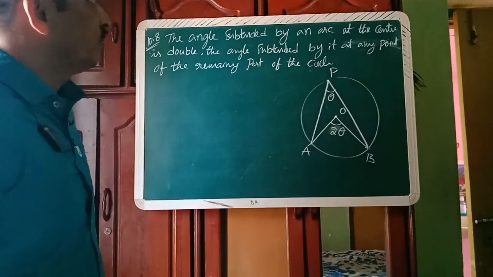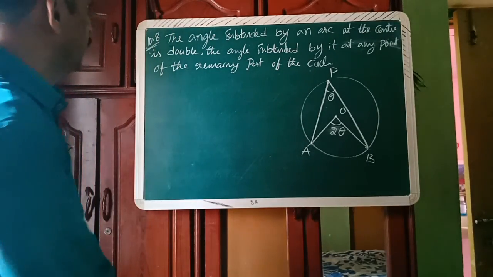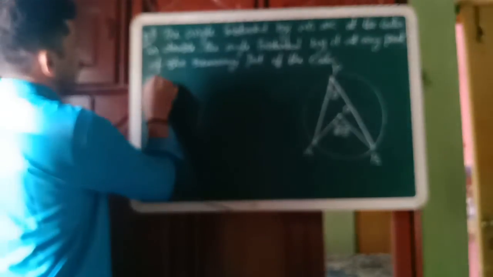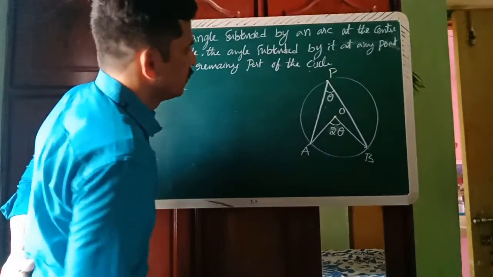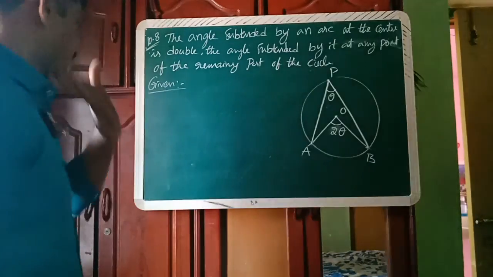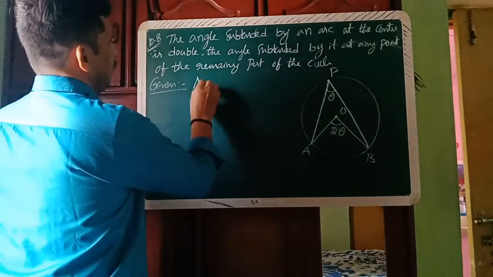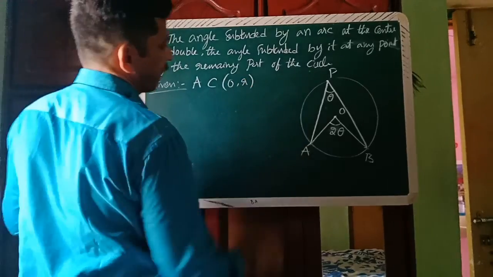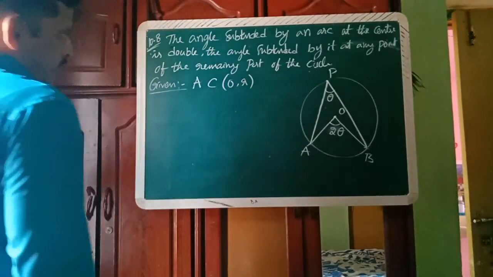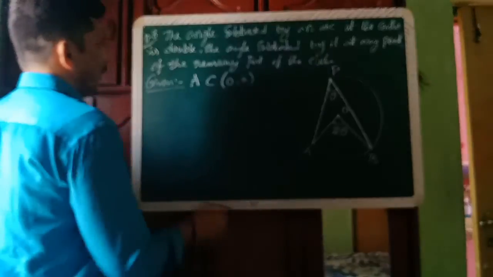So how to prove this theorem? What is given? A circle with center O and radius R. AB is a minor arc.